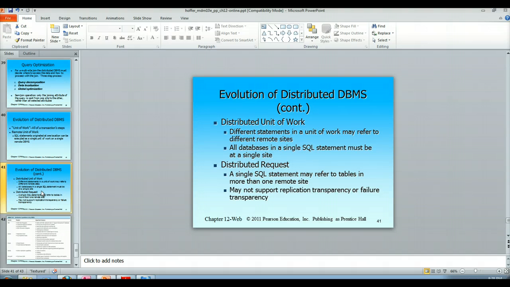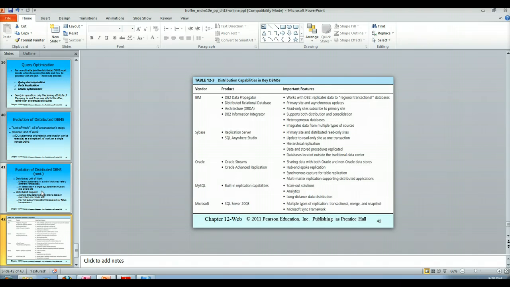So these distributed database management systems have evolved, and this is a nice little chart of the distribution capabilities in some of the key database management systems that are out there. We've got big vendors like IBM, a big player. Sybase is a big player. Oracle is a big player.